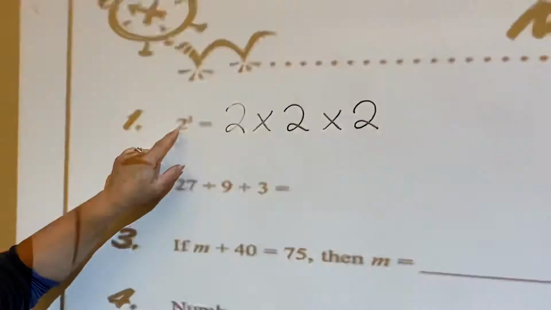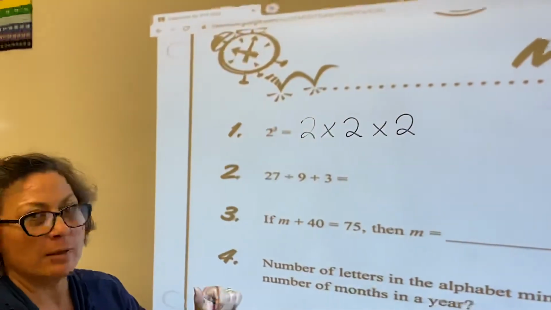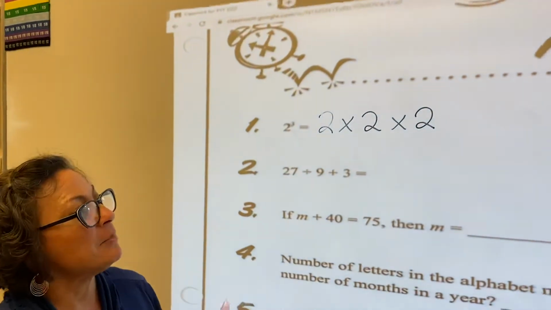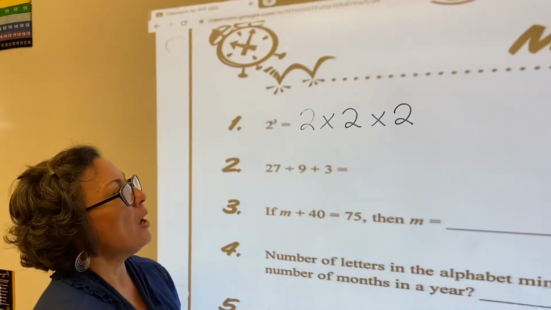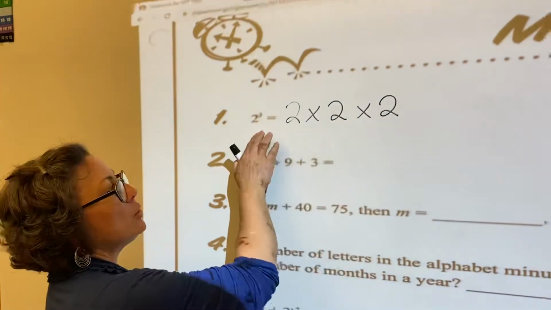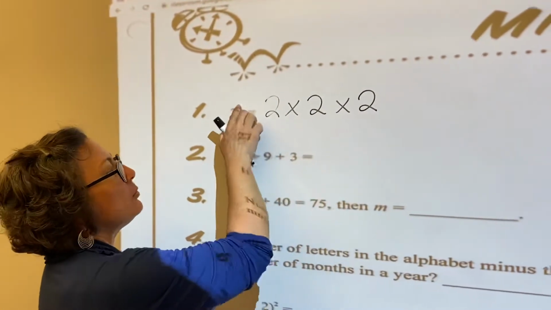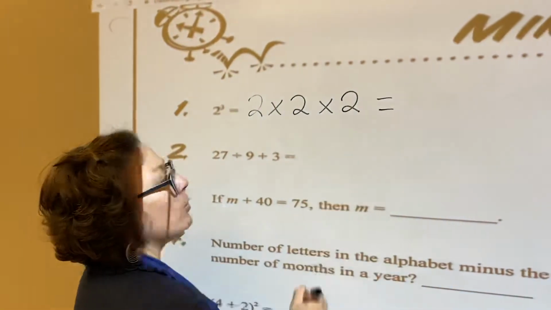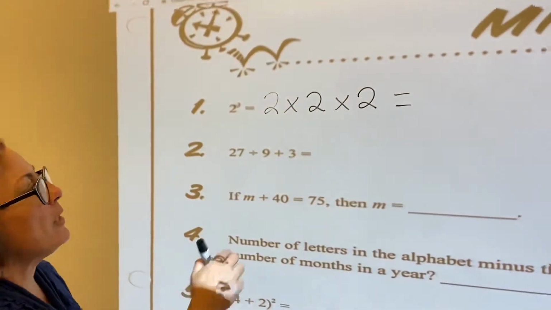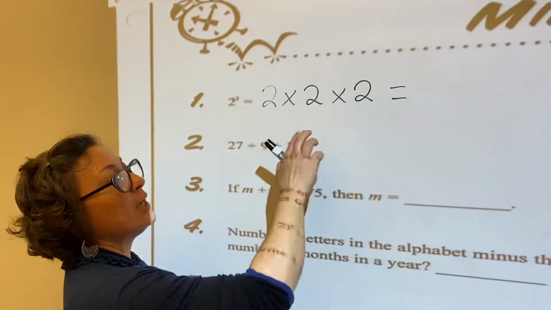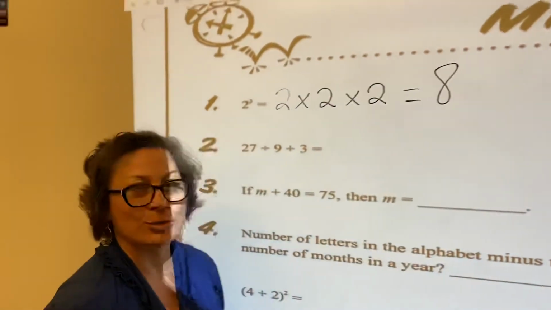Please be careful. This is not 2 times 3. That's one very common mistake students make. This is what 2 to the 3rd power really looks like. You multiply the base that many times, 3 times. So the answer is 2 times 2 is 4, 4 times 2 is 8, and that is your solution.